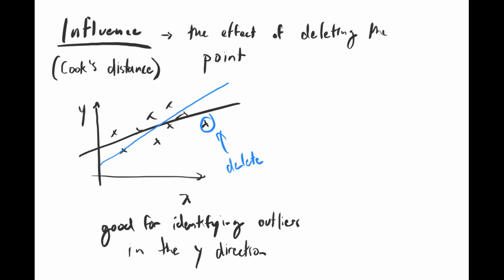But I will include this for your reference. So di is the Cook's distance. You're going to have a Cook's distance for each point in your data.